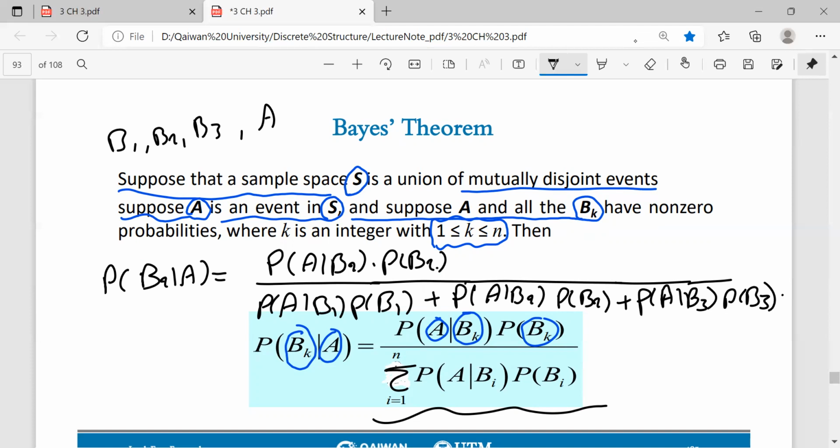Here, if you have 3 B's, then it could be like this. This summation denotes this, and this is the expansion of that summation.